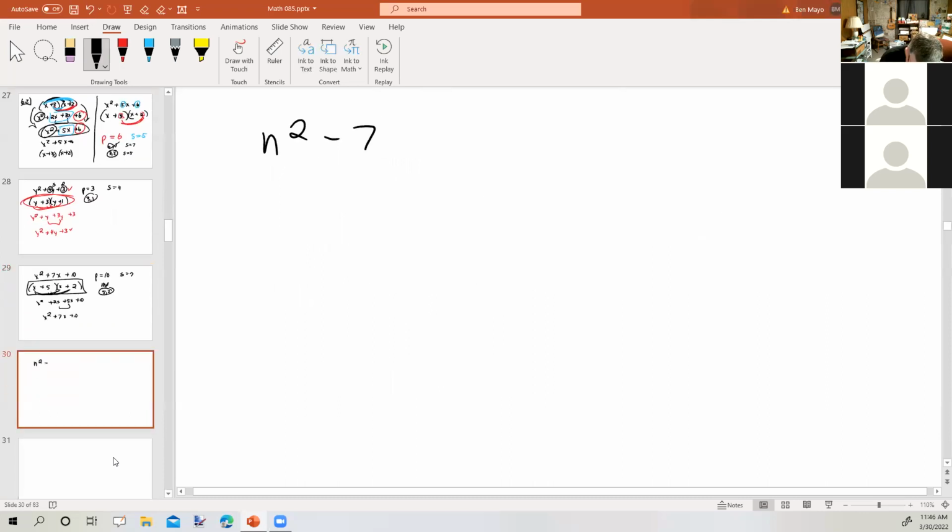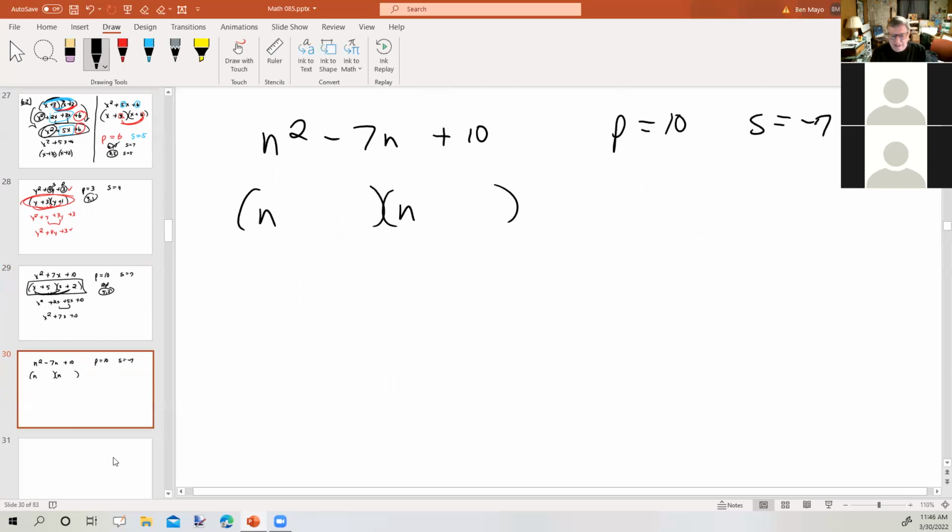How about this one? N squared minus 7n plus 10. So we're going to split up the n squared into n and n. The product is 10, and the sum is negative 7.